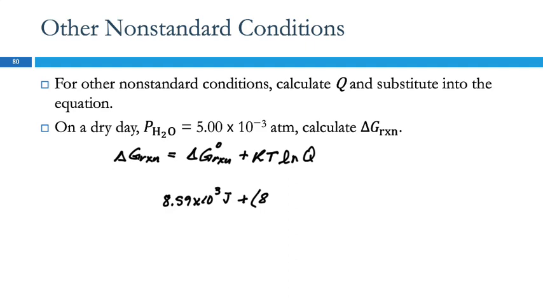So again, we've got the R, actually that's joules per mole, times the temperature. It doesn't tell us what the temperature is. It's probably 298.15.